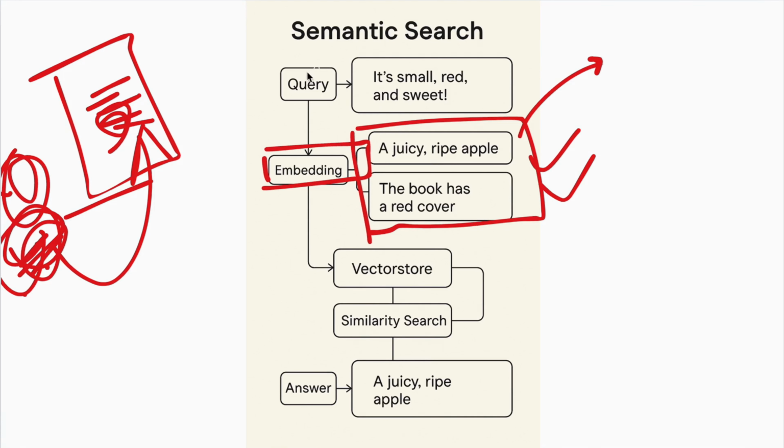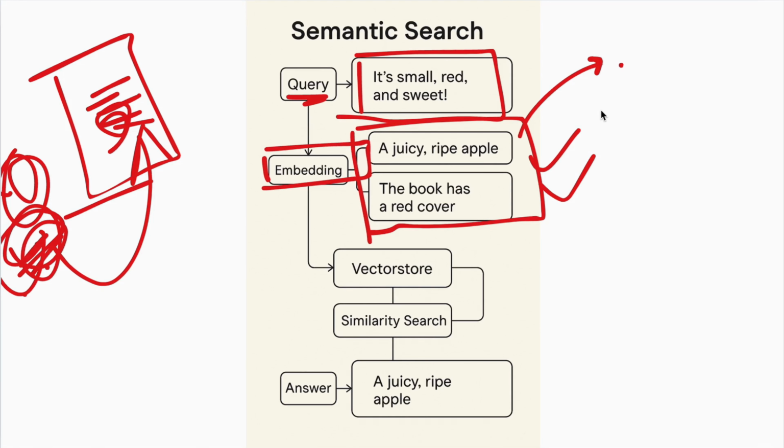Then we have to ask a query on this context. How do we ask the query? Again you have to convert this query into another embedding. So it will be like converting 1, 0, 2, etc. This will also get converted into numerical format, and that numerical format is known as embeddings.